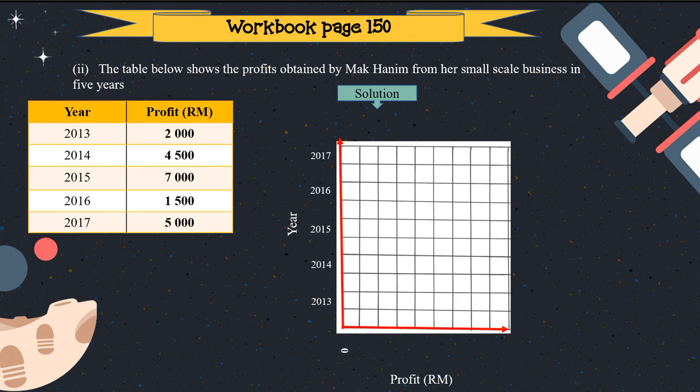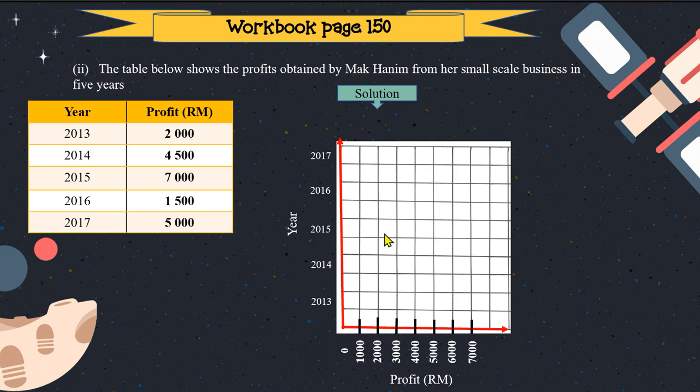So you write down the profit. We start from 0 and then you can write down the rest here. If you look at the profit here, the smallest one is 1,500 and the highest one is 7,000. So make sure all the profit obtained you write down in the scale on the horizontal axis here.